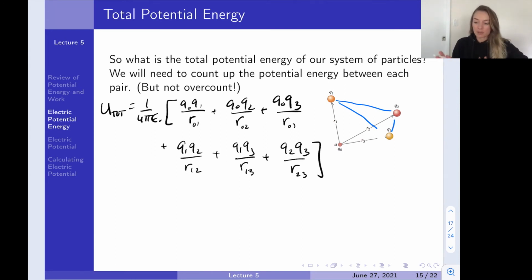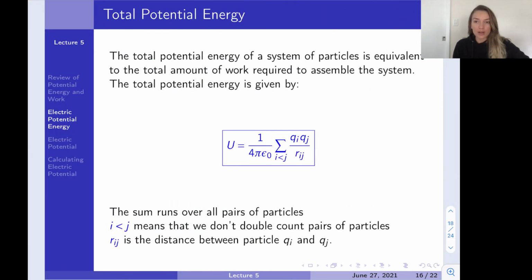So you just want to add up the potential energies between each pair of charges, and you will get your total potential energy for the entire system. So you can also write this as a sum, and I know this sum might look scary, but all this sum is saying is just what we just did. So we have our Qi and Qj, which are just two different charges.